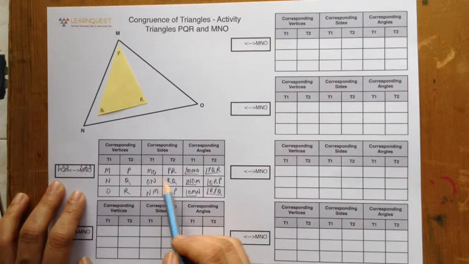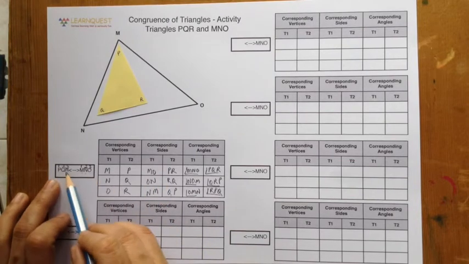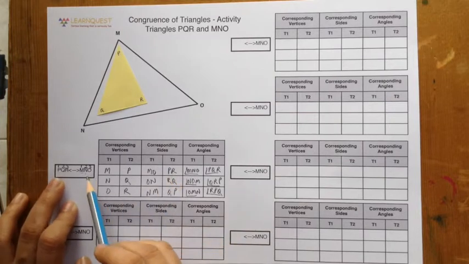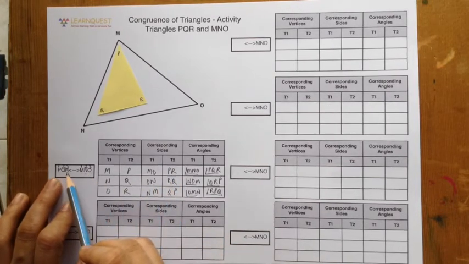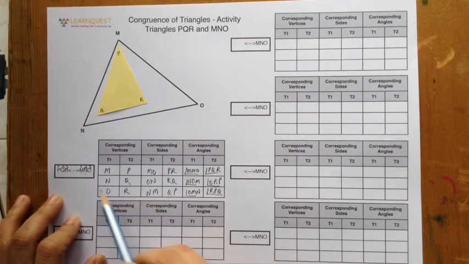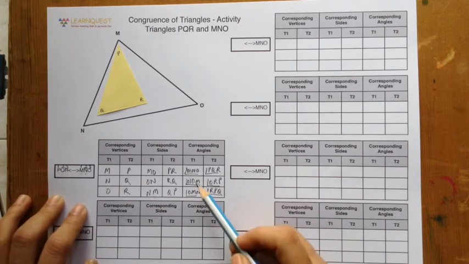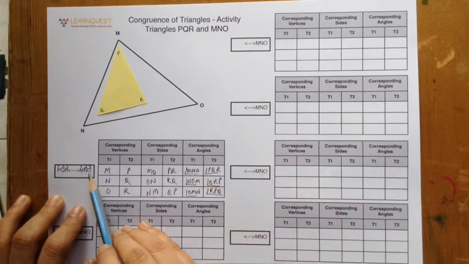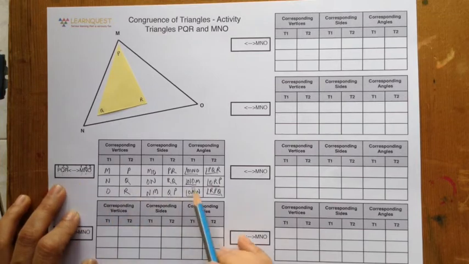Likewise, if you look at these sides, MO is 1, 3, so PR is 1, 3. Likewise, ON is 3, 2, so RQ is 3, 2. Likewise, NM is 2, 1, and QP is 2, 1. Similarly, the angles: MNO, 1, 2, 3 is PQR, 1, 2, 3.